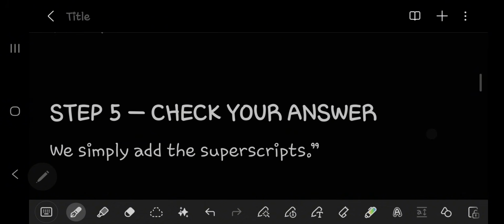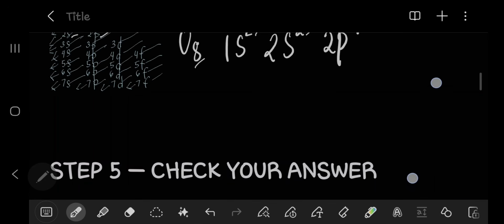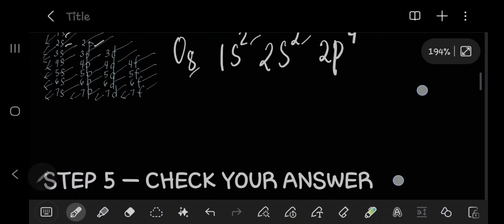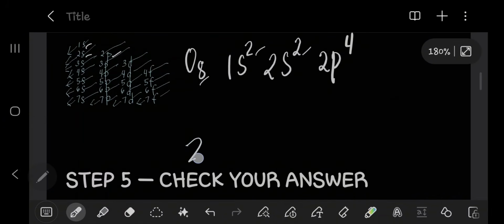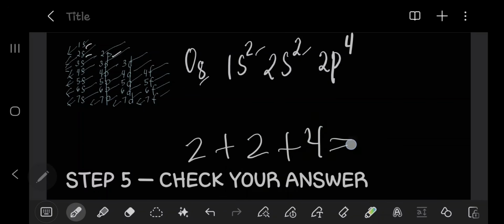Step 5 is to check our answer. In checking, we simply add the superscripts. So we have 2 plus 2 plus 4, and that is 8 electrons, which is the total number of electrons for a neutral oxygen atom.